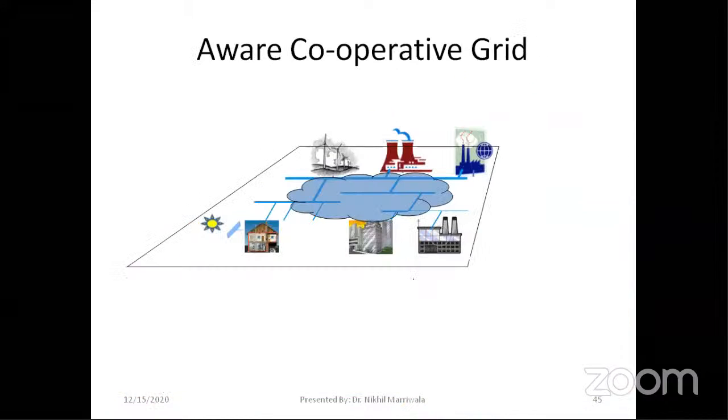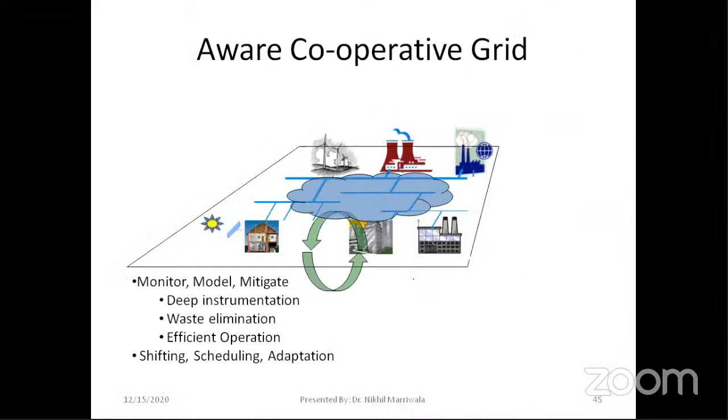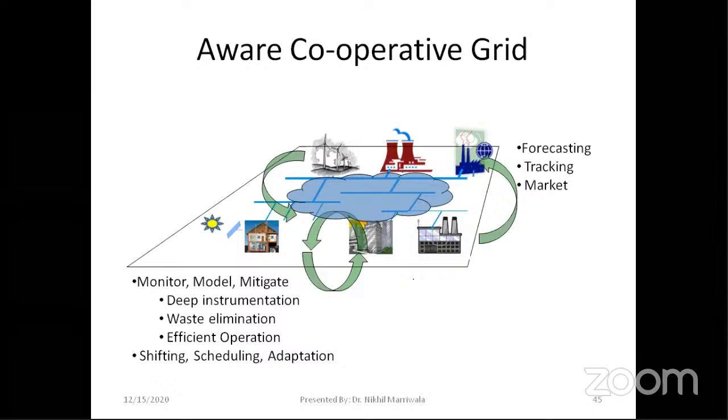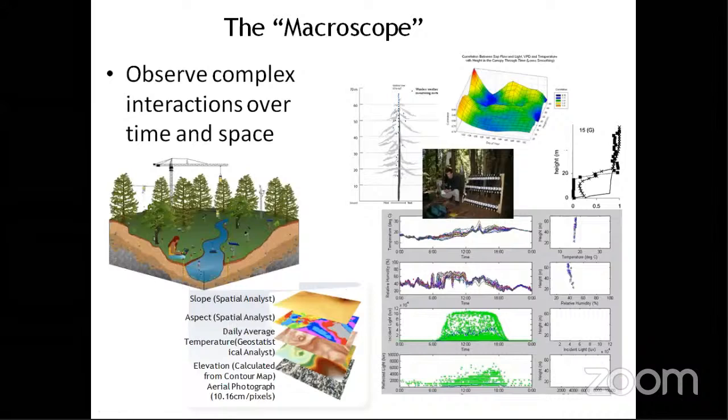So I'll just move to the aware cooperative grid, right? The cooperative grid is aware about the load, etc., intelligently. So monitoring, modeling, and mitigating, that is the deep instrumentation, waste elimination, and efficient operation. This is what we require out of this particular grid. So forecasting, tracking the market availability, the pricing, and the planning is done.